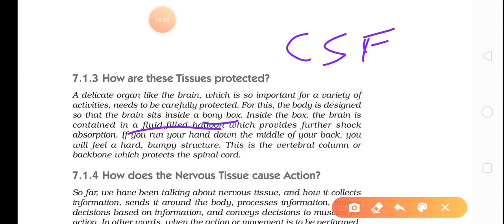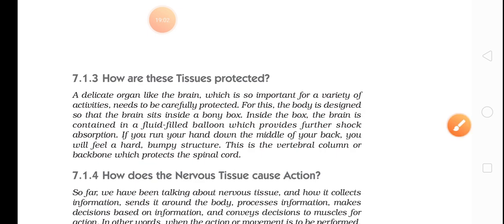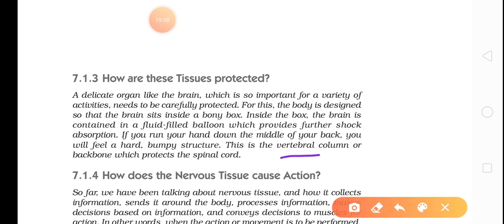So we know that the skull, or cranium, protects our brain, and we have the vertebral column. Where do we have the vertebral column? At the back side. The vertebral column, or backbone as we call it, what is it doing? It is protecting our spinal cord.